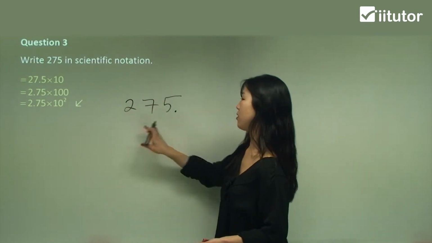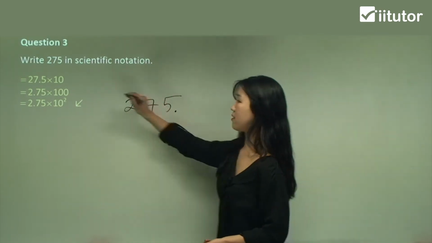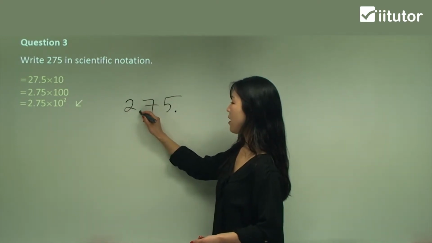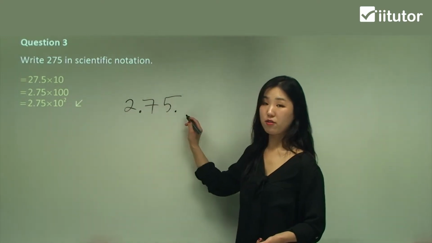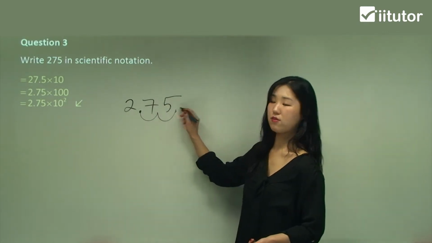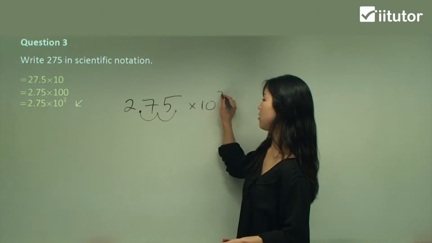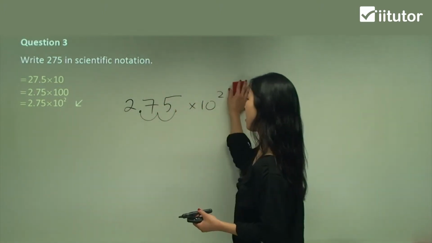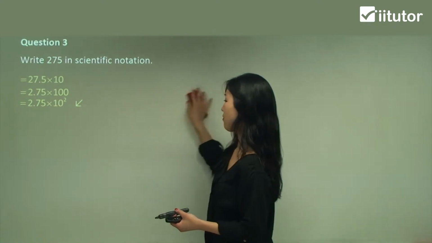It's exactly the same as 275. So if I put the decimal there, what do I have to do to get back to the original spot? I just multiply 2 lots of 10s. So we do 2 like that, 10 to the power of 2. So that's another way you can do it. You can just use your fingers and count how many extra places we have to go.